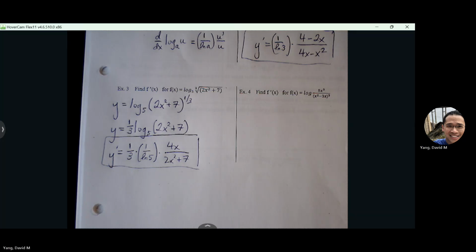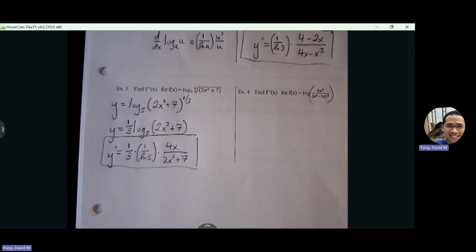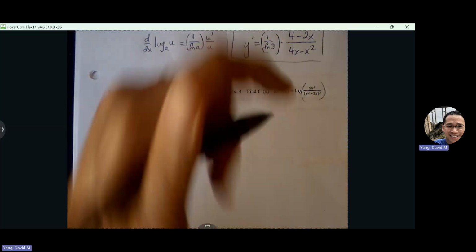All right, we prefer not to find the derivative at this stage, right? That is a pretty large u value. So what can we do? Quotient property, yep.